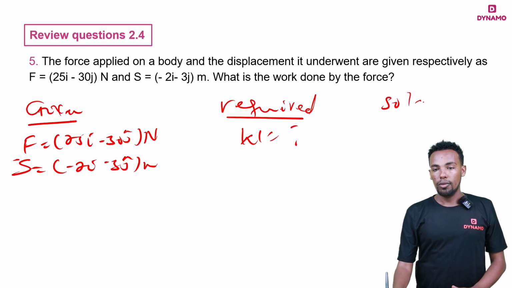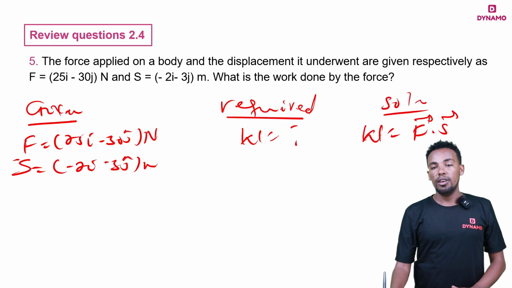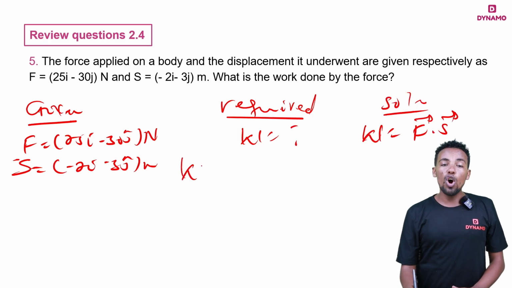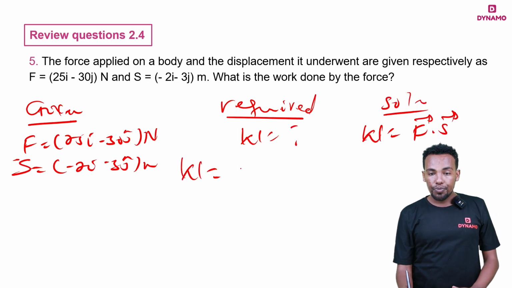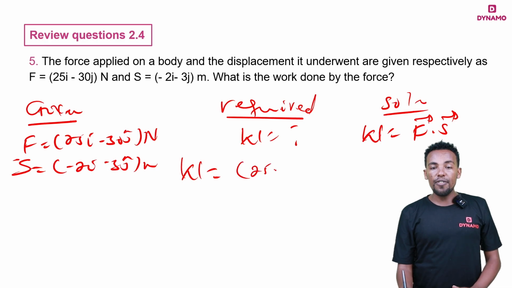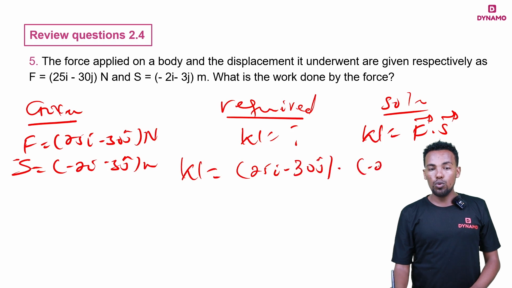Solution. Work done is equal to force dot S. So work done is equal to (25 I minus 30 J) dot (minus 2 I minus 3 J).